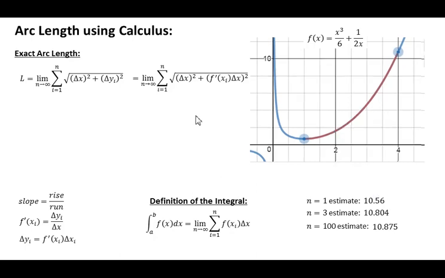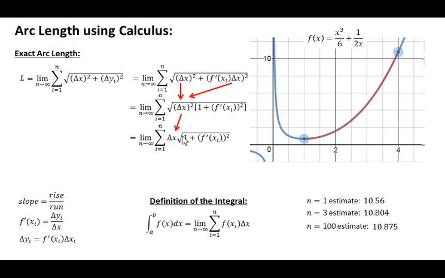Now we just have to do a little bit of algebra to our summation here, and we can see these delta x values we can just pull out. So we can factor that delta x squared to the front here, and once we factor that delta x squared to the front, now we can just pull that out of our square root. So now we have this limit of delta x times this function of x sub I. So now we're getting something that's much closer to our definition of the integral down here.